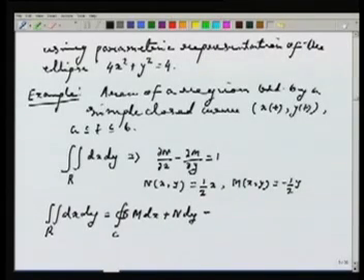This is a line integral. So what does this mean?